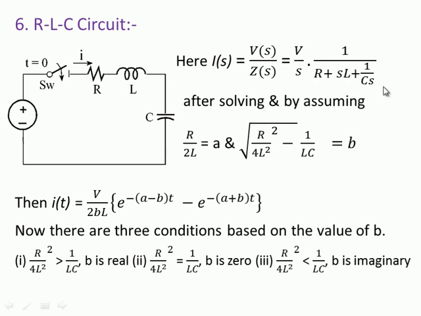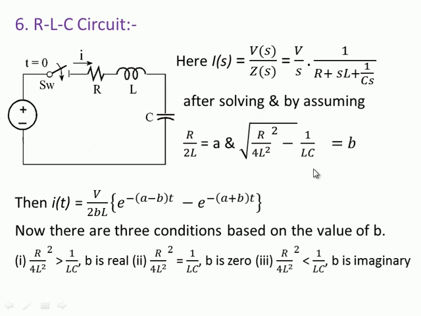You have to separate. Here it will come s squared. It means you have to separate all terms from your s squared. When you take this common, it will come s squared LC. It means you have to divide it by LC in order to separate s squared.